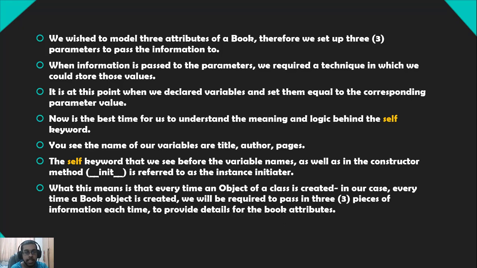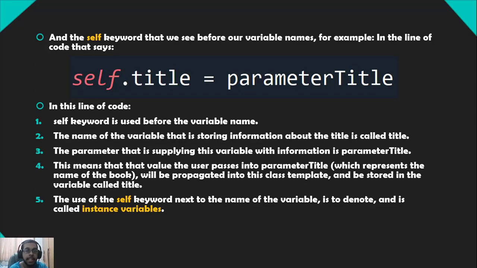What this means is that every time an object of a class is created, in our case, every time a book object is created, we will be required to pass in three pieces of information each time to provide details for the book attributes. And the self keyword that we see before our variable names.